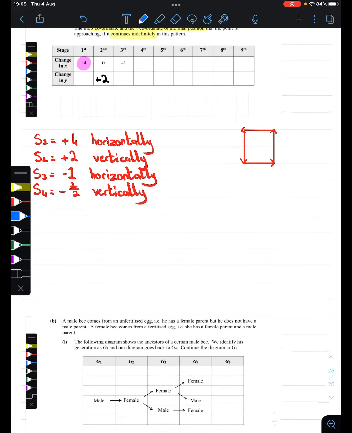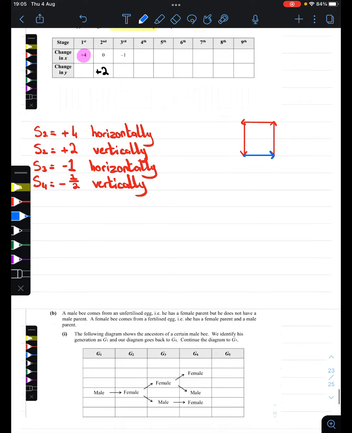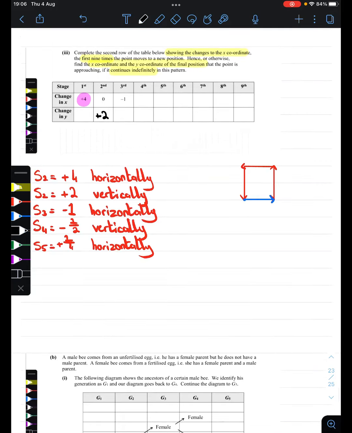Then he's back here, turns left again, so now he's again going this way. So S5 is half of a half, so 1/4, plus 1/4 horizontally. Sorry, let's fill these into the table. So we have a minus 1/2 and then a plus 1/4.